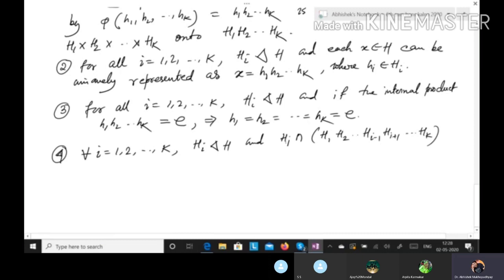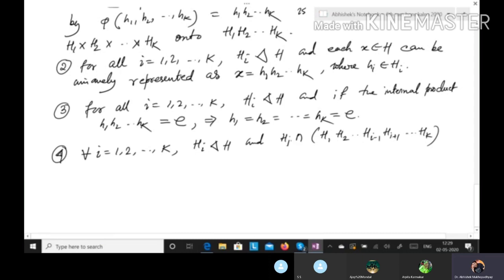That is, take out just the Hi and then do the internal product of the other groups, that is H1, H2, Hi minus 1, Hi plus 1, Hk.